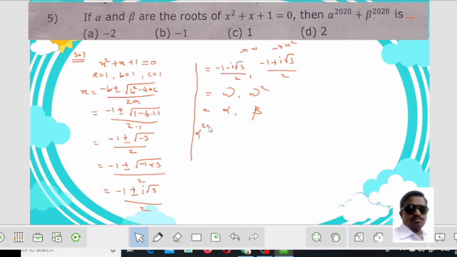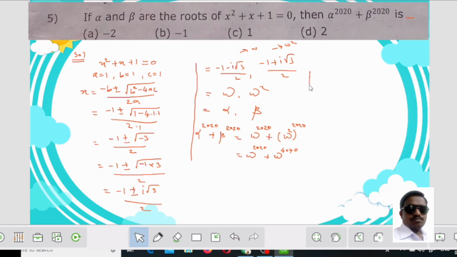So alpha power 2020 plus beta power 2020 equal to, alpha is omega, omega power 2020 plus beta is omega square power 2020. This is omega power 2020 plus omega power 2 into 2020, 4040.